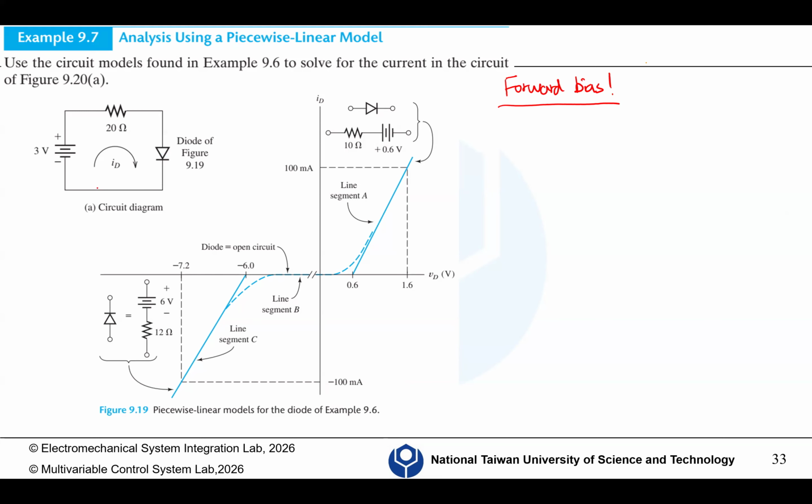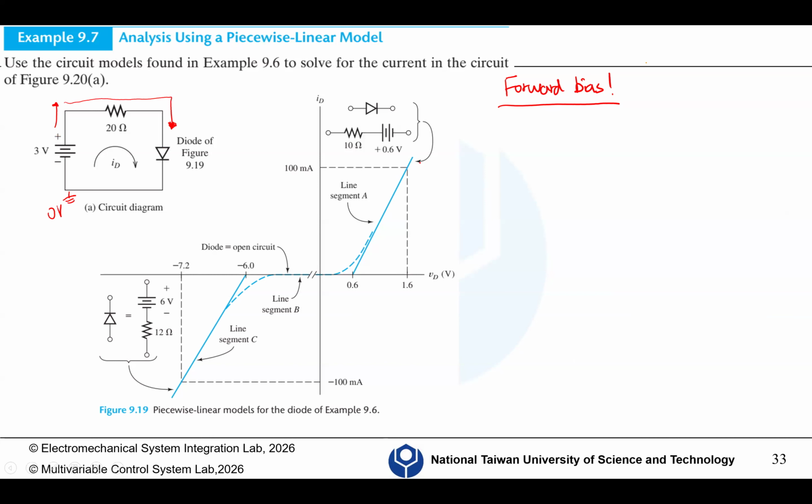Why? Because we always assume the negative terminal of the voltage source connects to the ground, which is 0 volt. And the current should flow from this direction, which means the current will go through this diode. So this diode should be under forward bias.